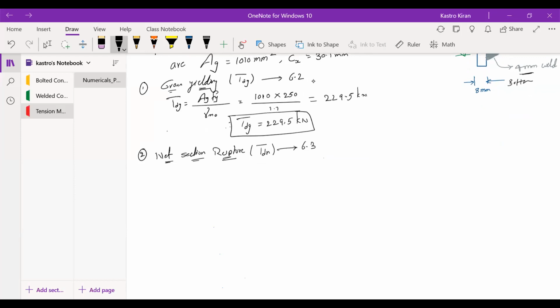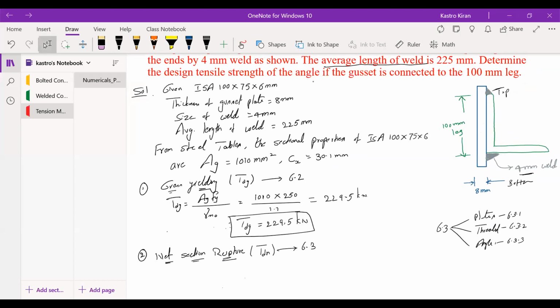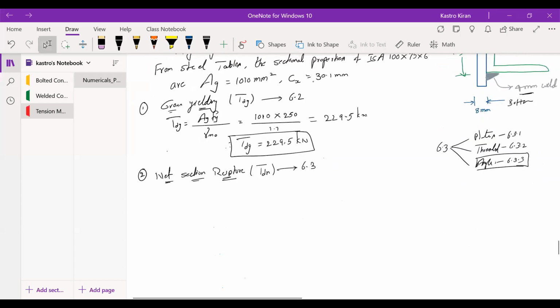Now, if you refer to clause 6.3, it is classified into three categories. 6.3.1 gives you plates, 6.3.2 is not angles, it's threaded rods, and clause 6.3.3 is about single angles. Since in our question the angle section is given, we are going to use clause 6.3.3 and find out the value of TDN.